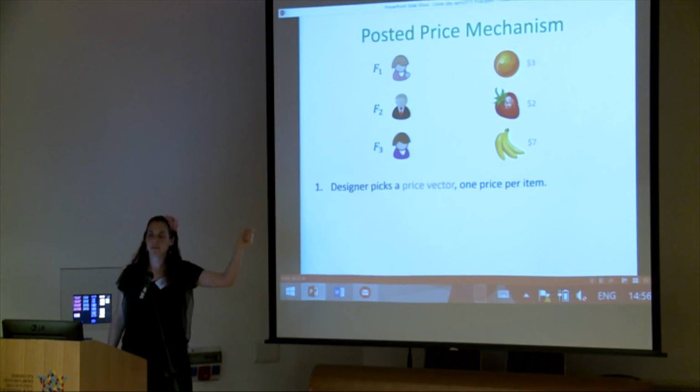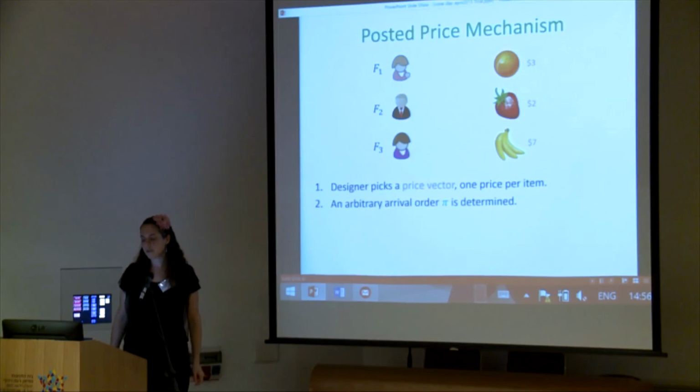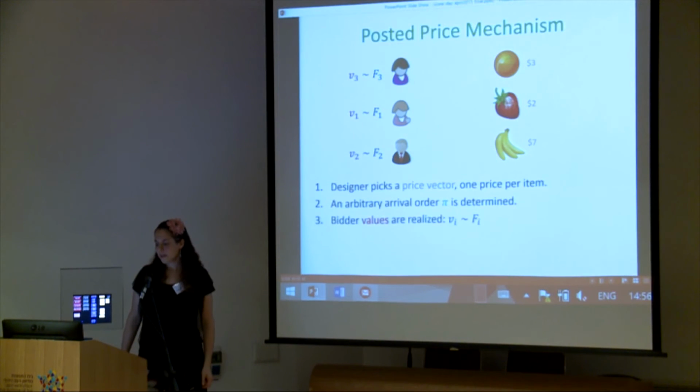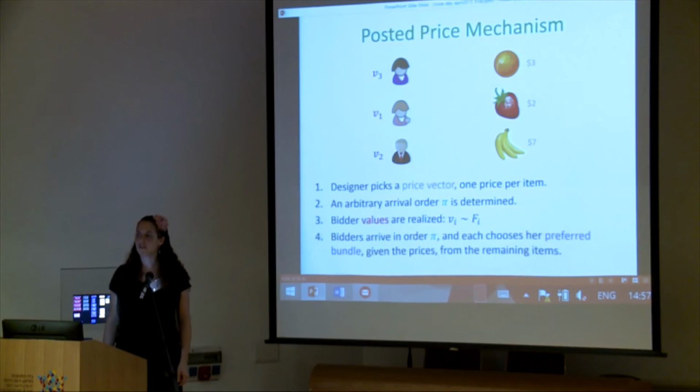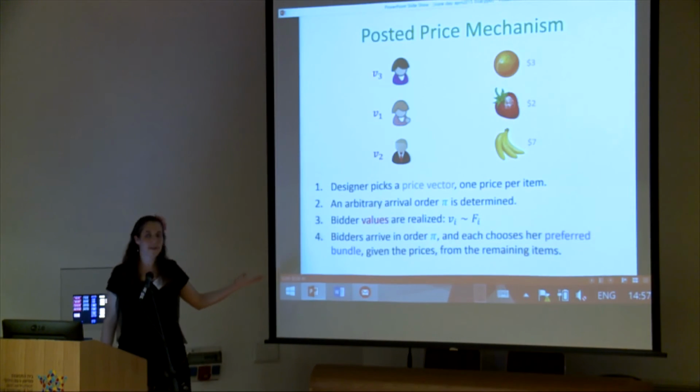Then an arbitrary arrival order pi is determined on the agents. So let's say we have agent 3, then 1, then 2. Then bidder values are realized. Each agent can observe his own value. They come to the market according to the order pi, and each agent chooses his most preferred bundle given these prices among the remaining items.